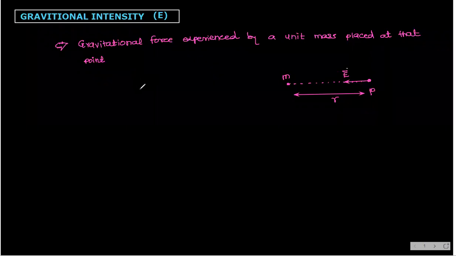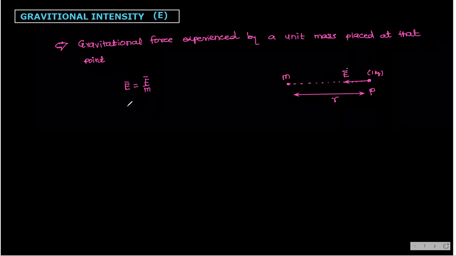Now see here what we are getting. As per the definition, force experienced by a unit mass, therefore E bar is equal to F bar divided by m. And if I have placed here a unit mass, suppose 1 kg, what will be the force in between these two?